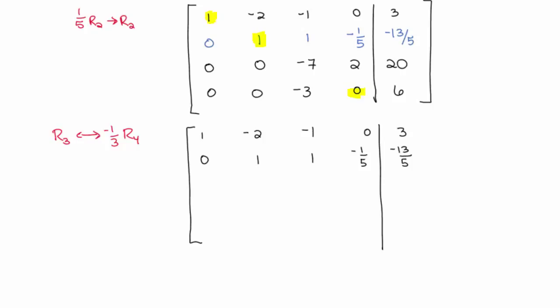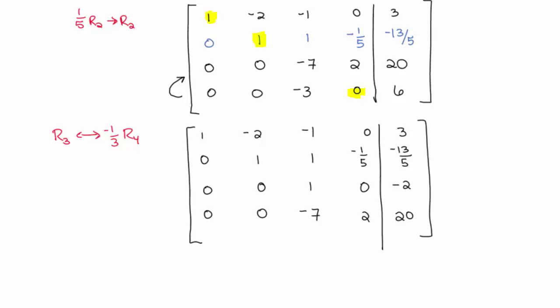We are now going to drag row 4 into the row 3 slot, 0, 0, but we're multiplying each of those numbers by a negative 1/3. So this will be a 1. This will still be a 0. And then negative 1/3 times 6 is a negative 2. And again, we swap that with row 3. So row 3, I'll write down below: 0, 0, negative 7, 2, and 20.